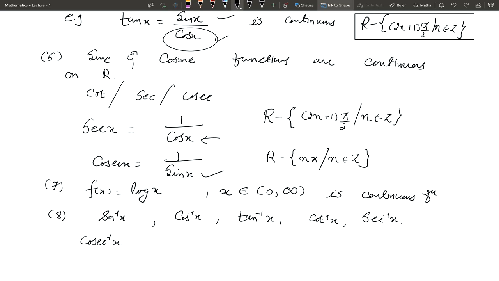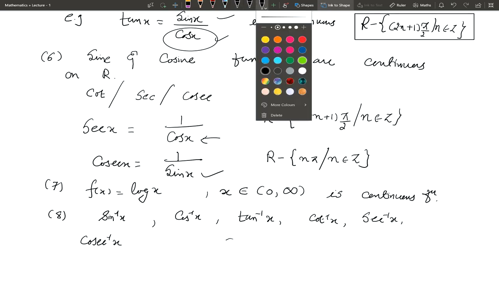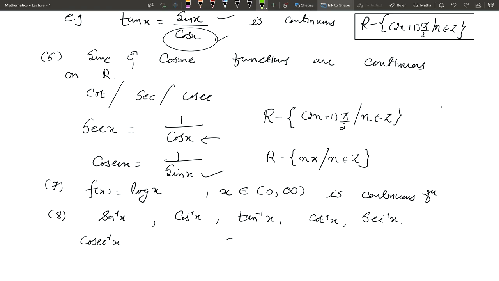All the 6 inverse trigonometric functions are continuous on their domain. This one is important one: on where? On their domain.